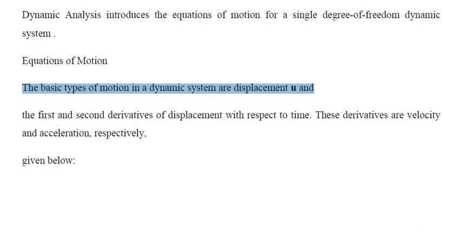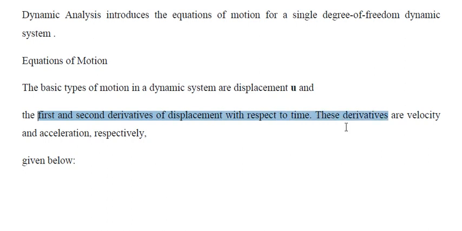The basic type of motion in dynamic analysis is displacement u. This basic displacement parameter u is used in dynamic analysis. And the first and second derivatives of the displacement with respect to time are velocity and acceleration respectively.